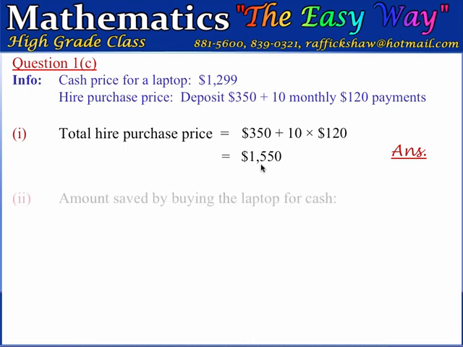Part 2 wants us to say how much we would save by buying the laptop for cash. If we bought the laptop cash instead of on hire purchase, what would be our savings? How much would we save? We see that the hire purchase price is $1,550, while the one-time cash price purchase would be $1,299.